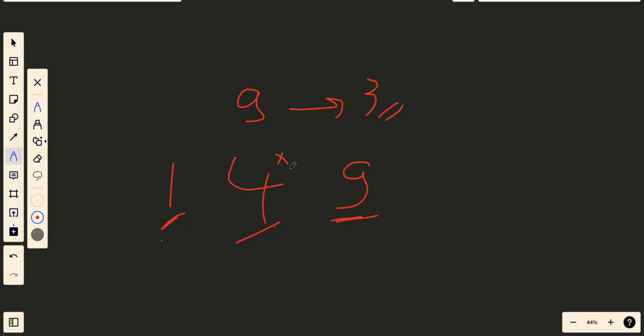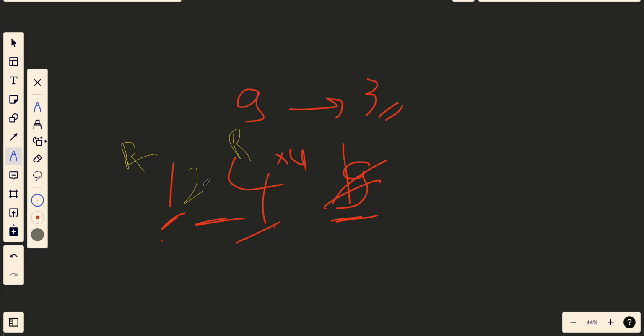Is 4 multiplied by 4 equals 9? No. So we will assume 4 is not the answer anymore, and we will just try to search here. This will be the new right, and we will find another mid, like 1 plus 4, it will be 2.5.